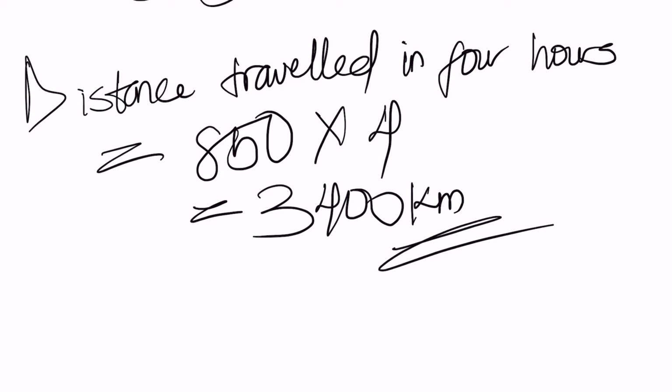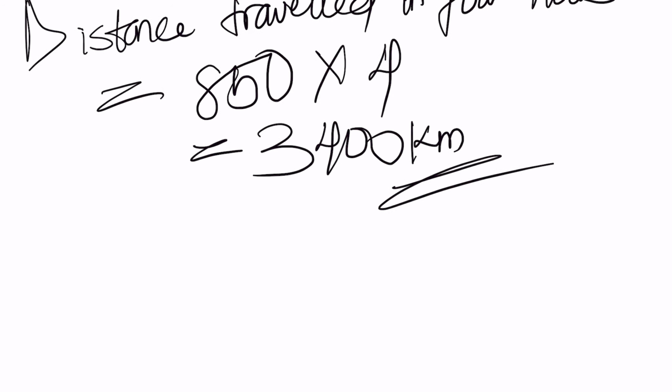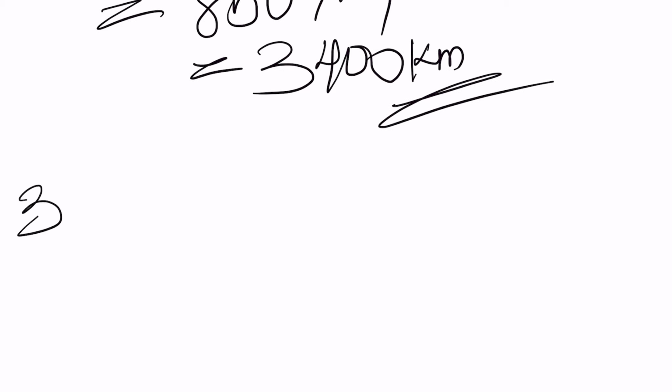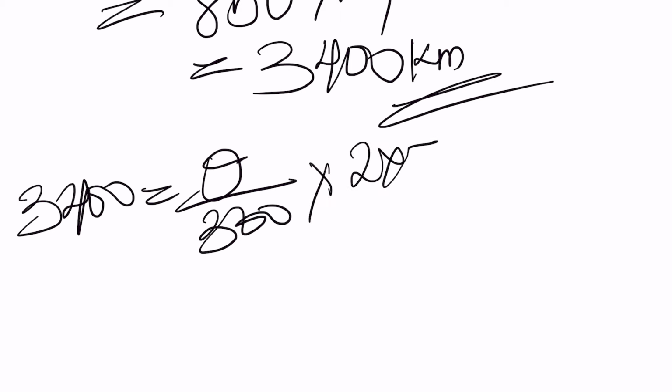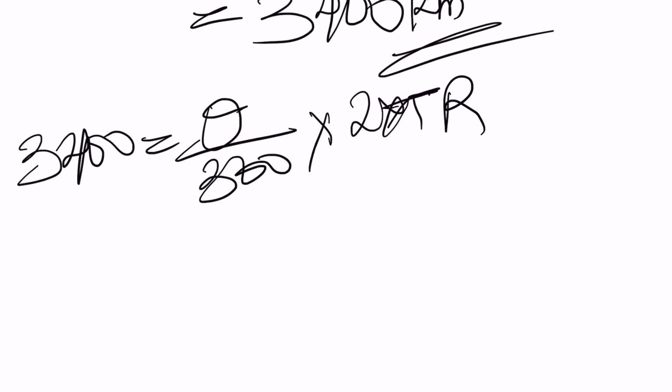Now we use theta over 360 times 2 pi r, since we have 21 degrees north and 32 degrees east. So 3,400 equals theta over 360 times 2 pi r, and we have r to be 6,400 kilometers.